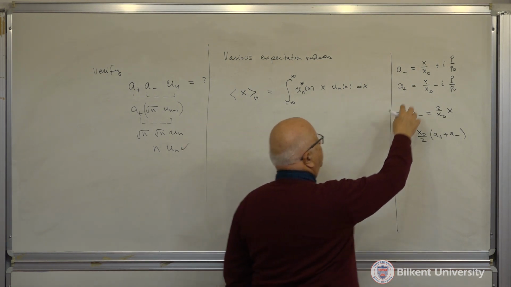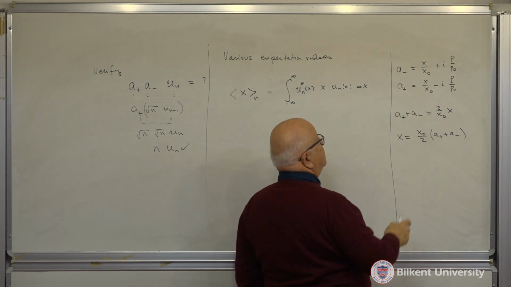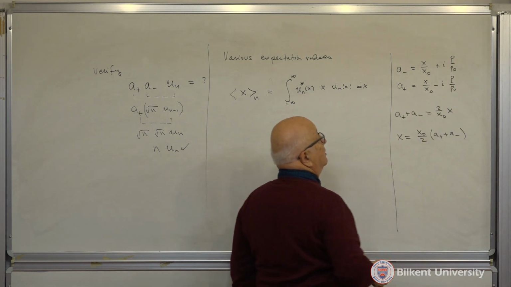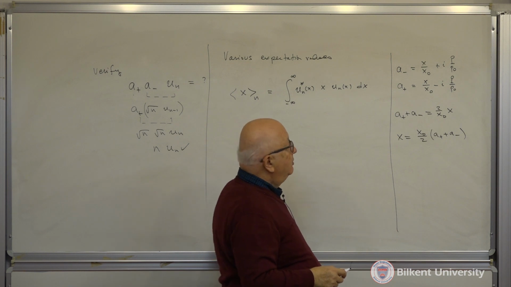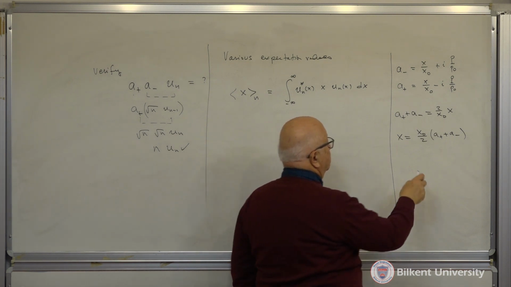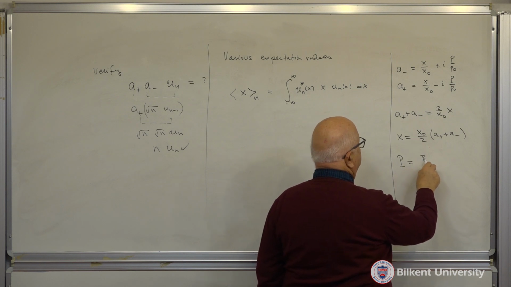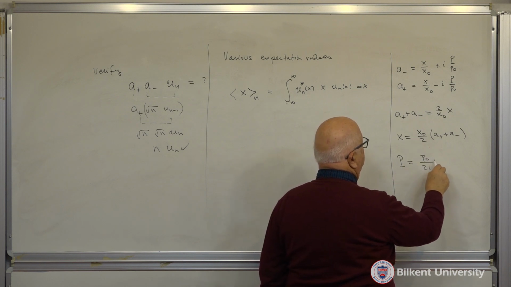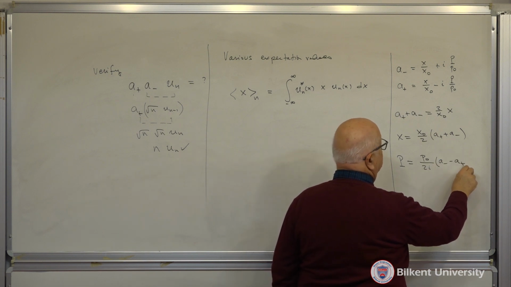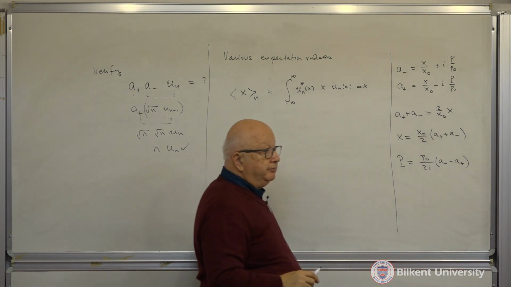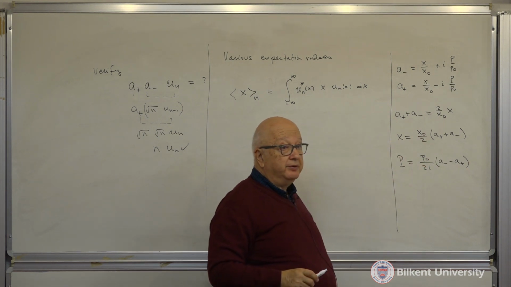If I just subtract this term from that term, I'm going to get 2i over P0. If you just do the algebra, you are going to get P0 over 2i times (a minus minus a plus). So these are just another way of writing the operators.